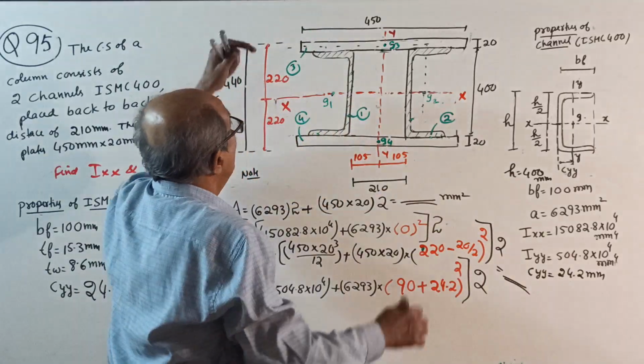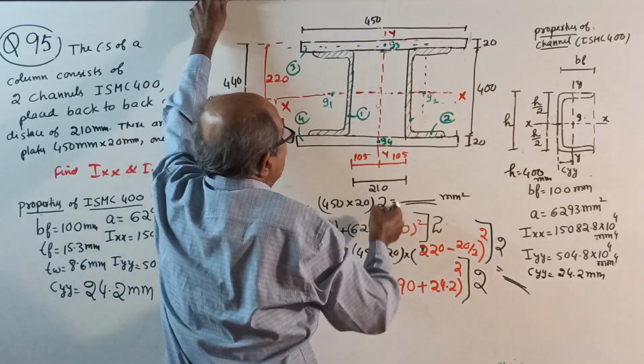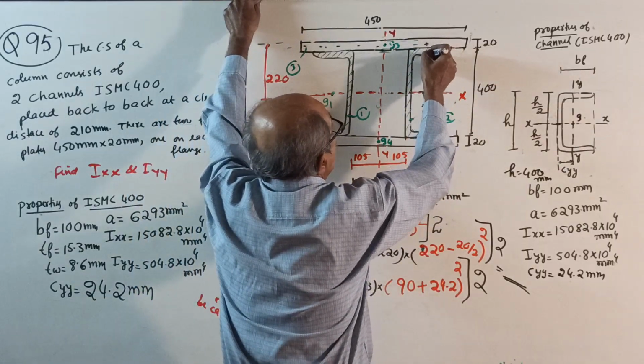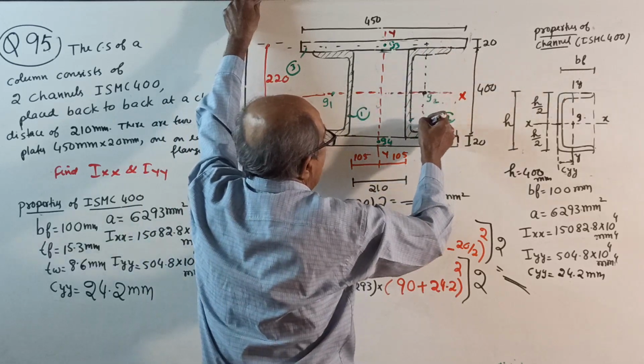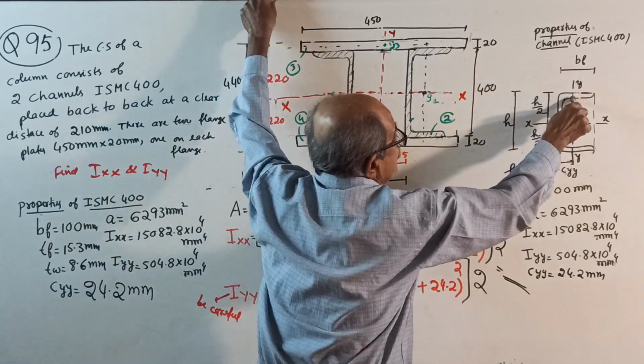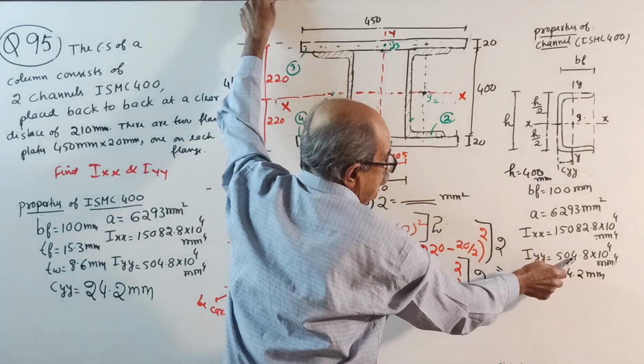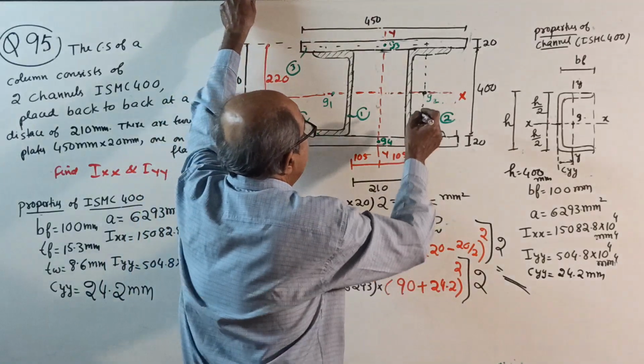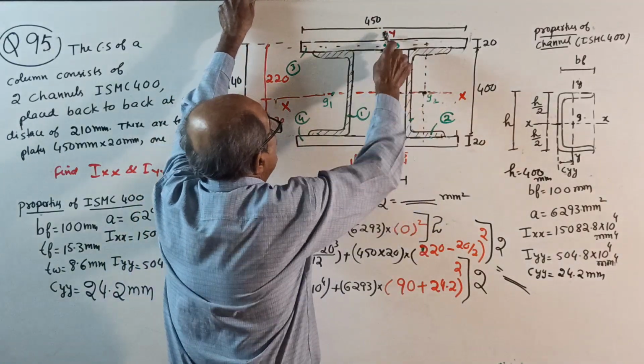Now, I about YY axis. Once again, start here. I about its own centroidal axis here, parallel to YY, that is nothing but this axis: 504.8 into 10 to the power 4 plus area into distance from centroid to YY.